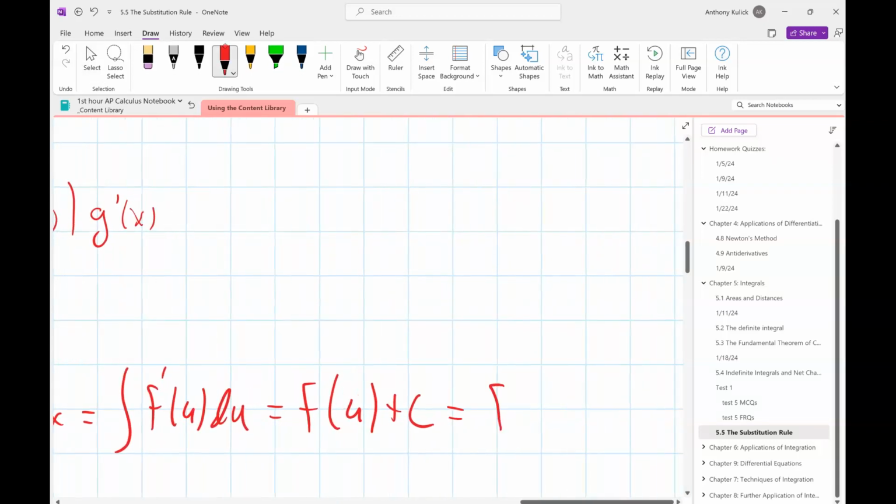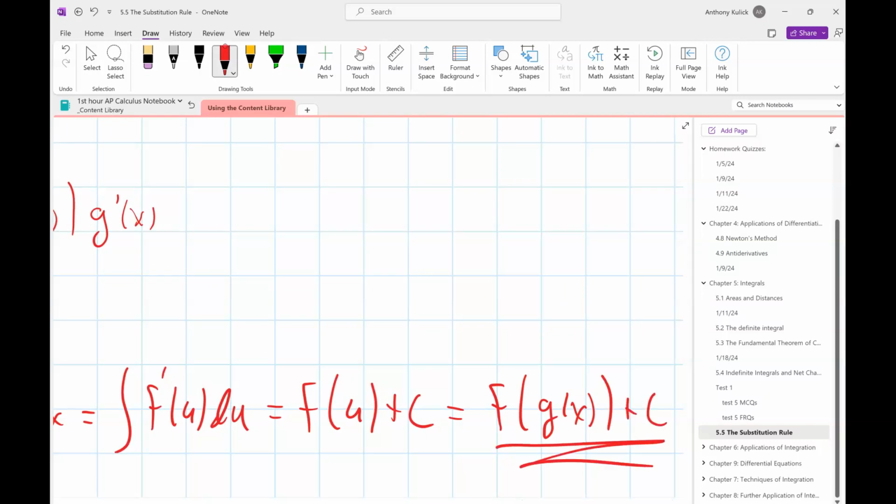And if we plug the u back in, there we've recovered the original function that we took the derivative of to start with, right? So that's the idea with this u substitution: I want to take whatever that inner function is from my chain rule and set that to u. The derivative of the inner function needs to be my du.